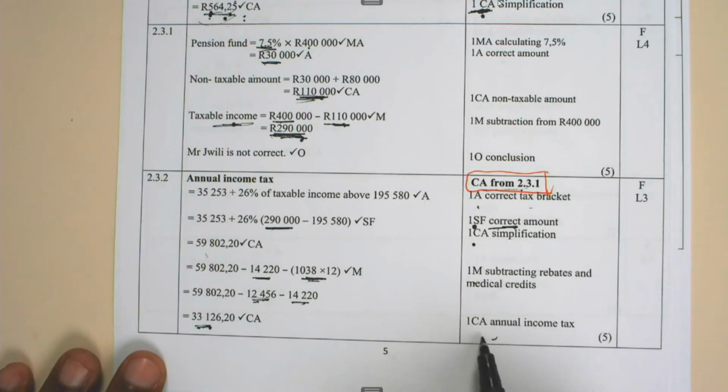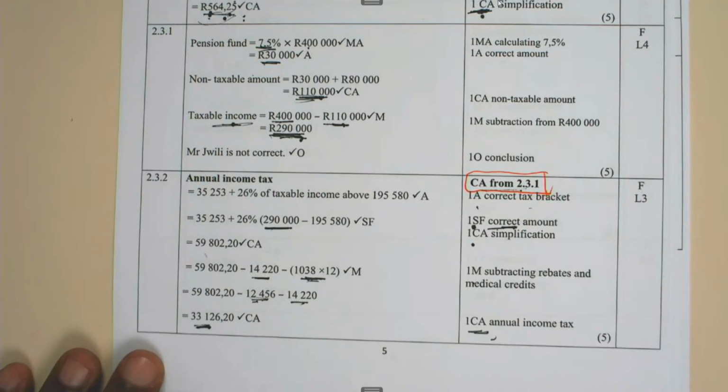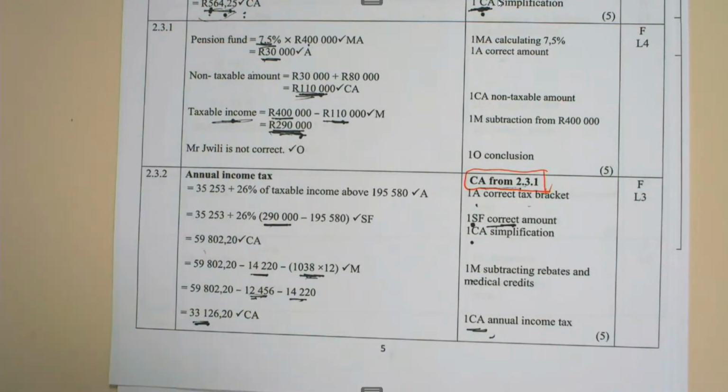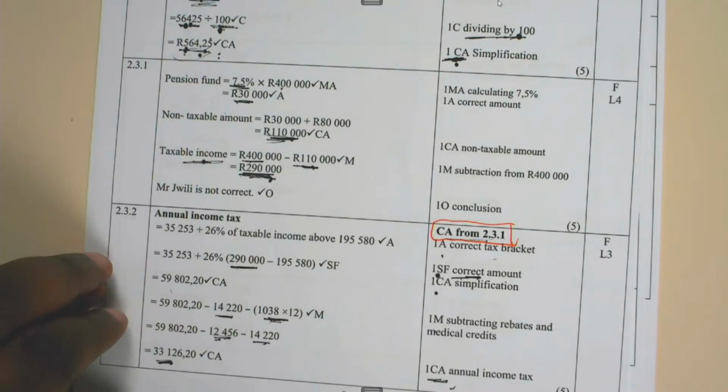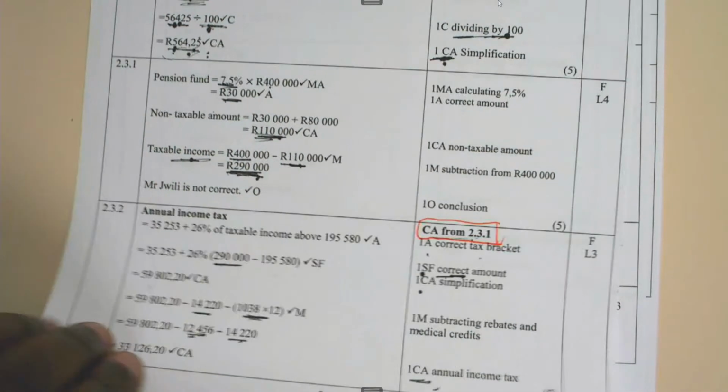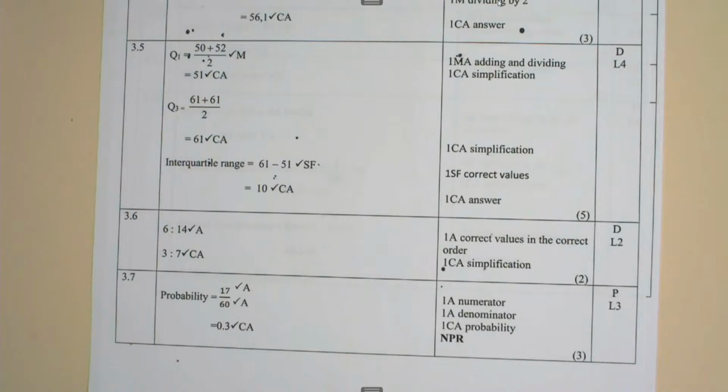And then from there we have an annual income tax of 33,126. You give full marks if the answer is correct. Now we move into question 3. Because of time, ladies and gentlemen, we move to question 3.